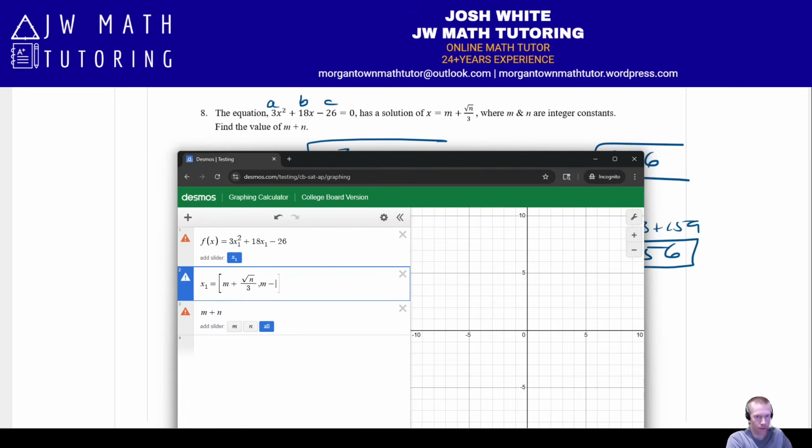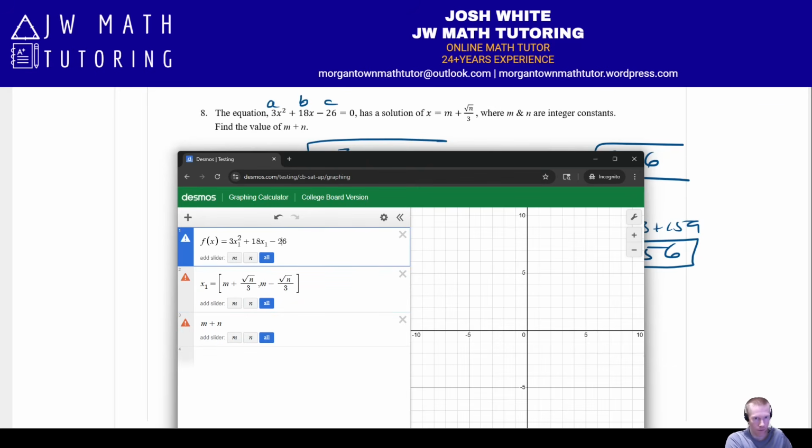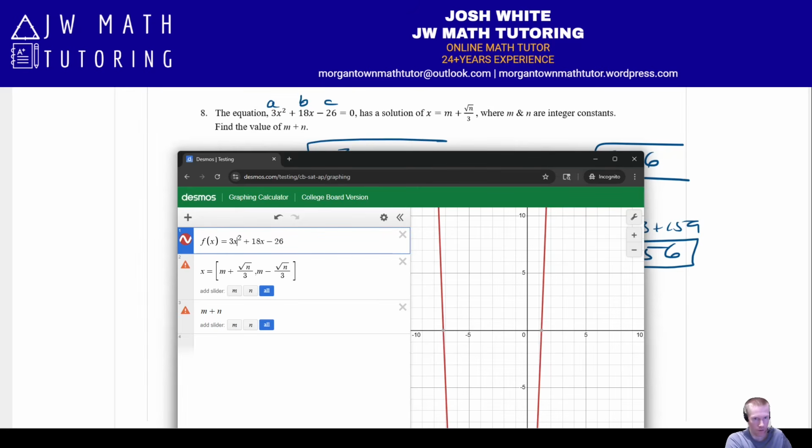And put the fraction sign first, and over 3. Okay, wait, no, hold on. Let me just double check. Maybe we don't want the, maybe we don't, no.